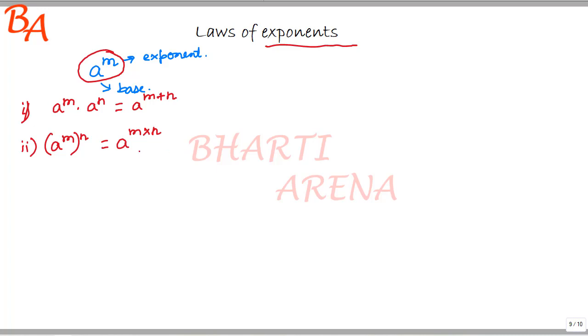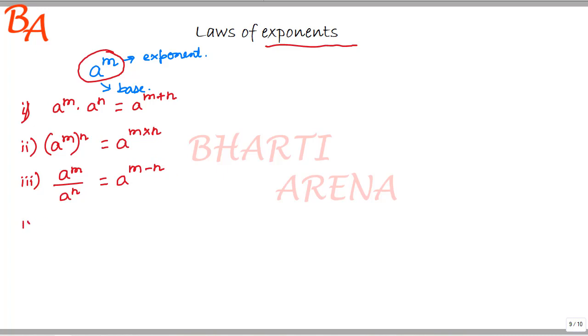So if an exponent has the power of another exponent, these are just multiplied. Third, a to the power m by a to the power n equals a to the power m minus n. That is, during division for like bases, exponents are just subtracted.